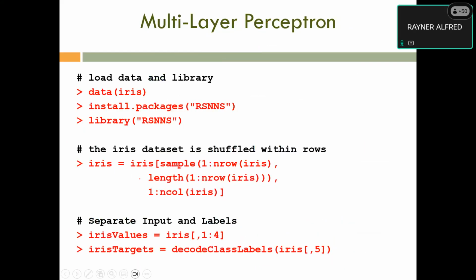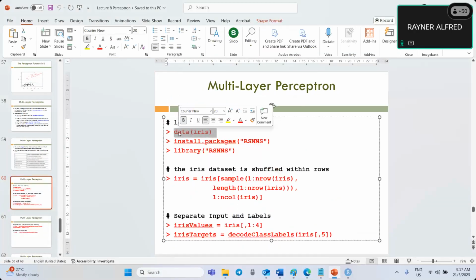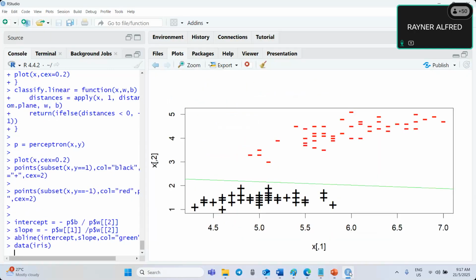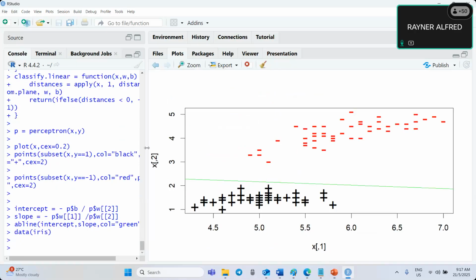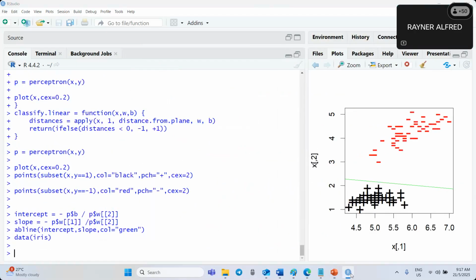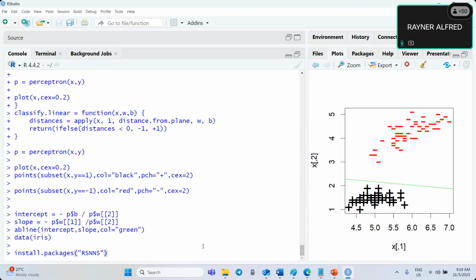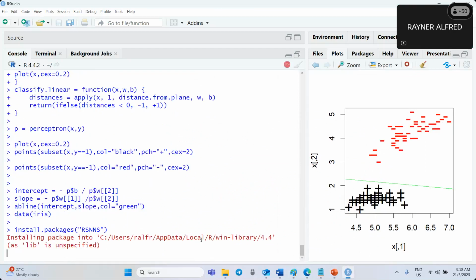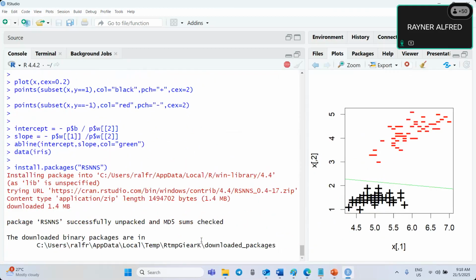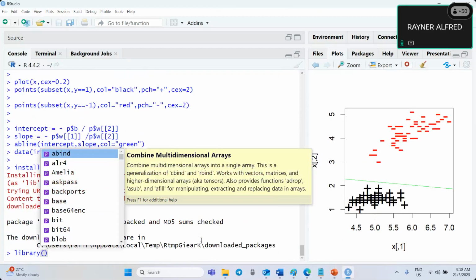Okay, let's try to run this one. So we use the same data set here. And then we need to install this one to get the multi-layer perceptron, and then we have to load it into memory.